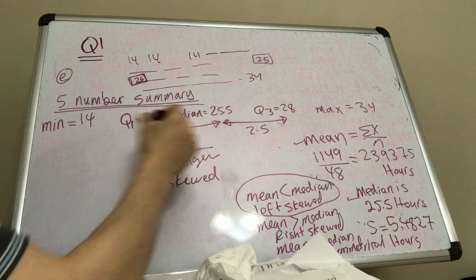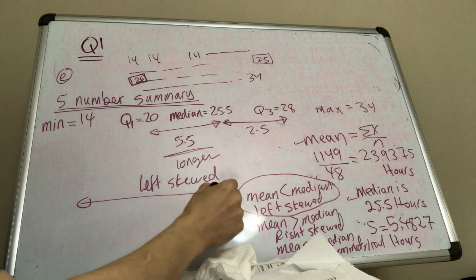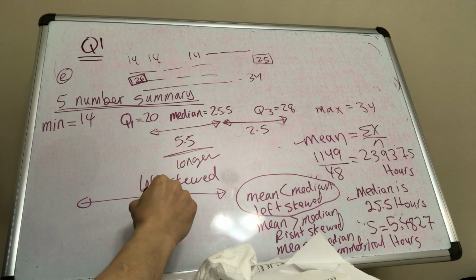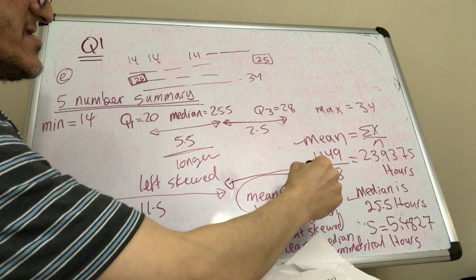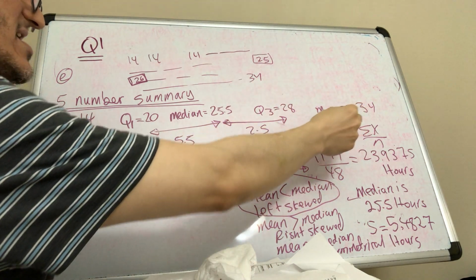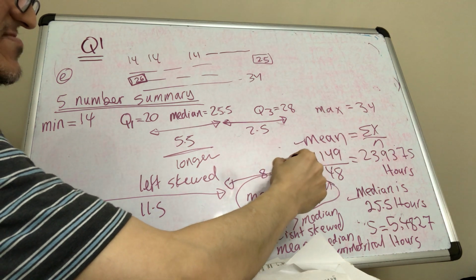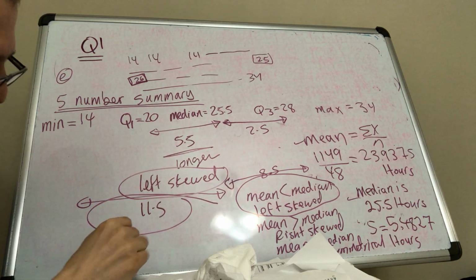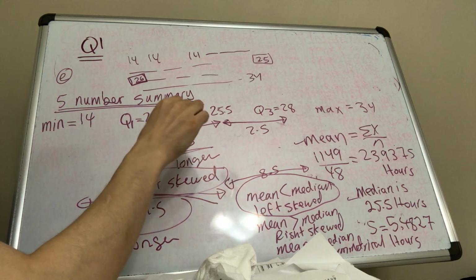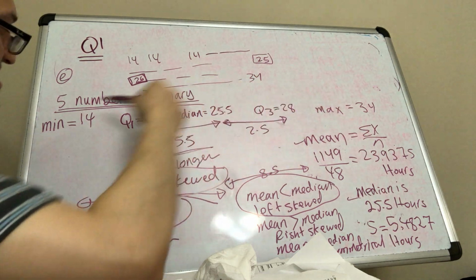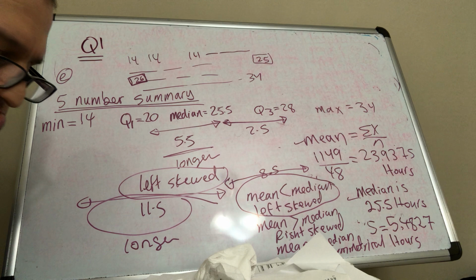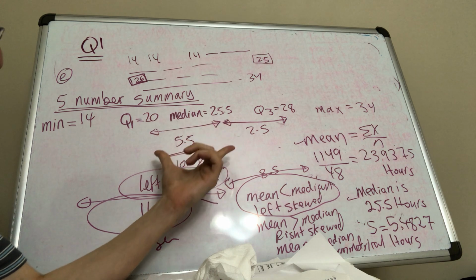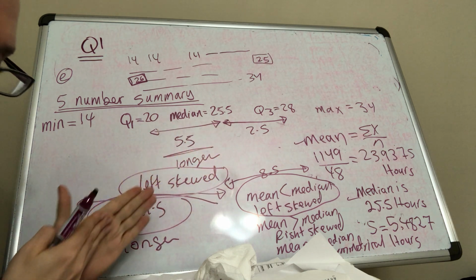Sometimes they also take the difference between the minimum and median. The difference here is 11.5, and they take the difference between median and max, and that's 8.5. And you see that also the left is longer, so left skewed. But the main thing is Q1 to median, Q3. We don't care much about the minimum and the maximum because there could be outliers. So whatever distance is longer, we consider that's the skewing part. Good?